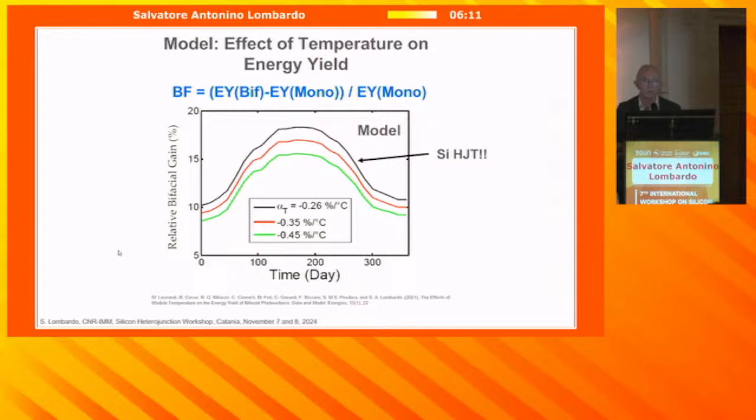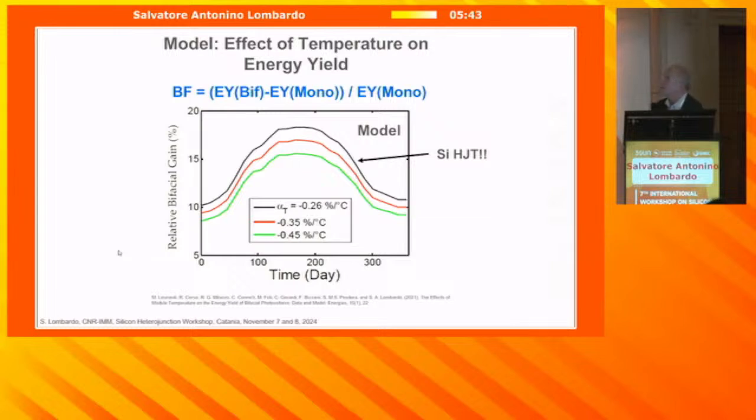Another point of the calculation is the effect of the temperature coefficient of the modules. In this calculation, we change the temperature coefficient in the range of silicon cells from the case typical of a silicon heterojunction technology up to more standard, let's say, old-fashioned silicon cells.